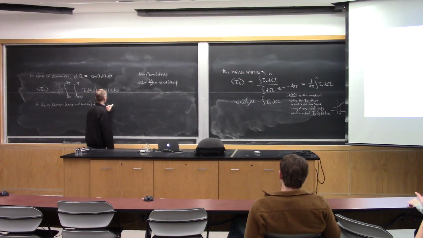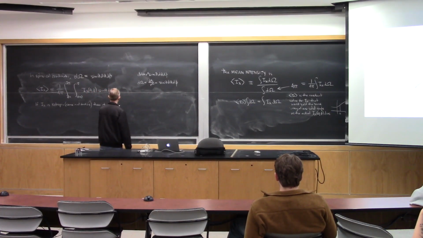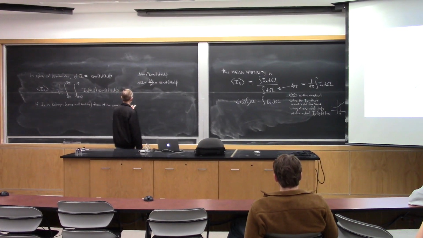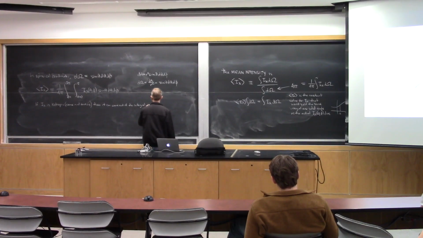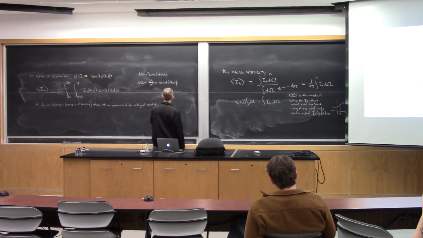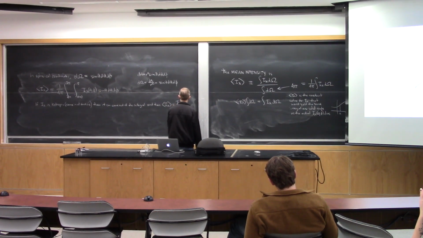Then it can come out of the integral. And in that case, the mean value of I lambda is I lambda over 4 pi times the integral over solid angle.